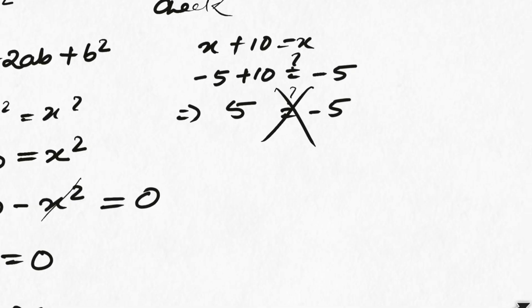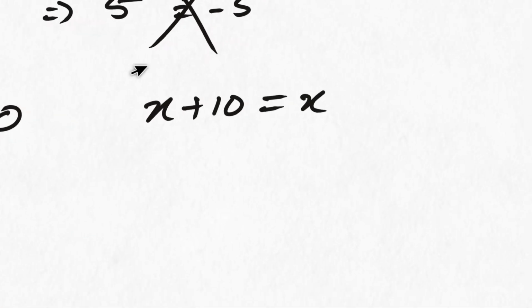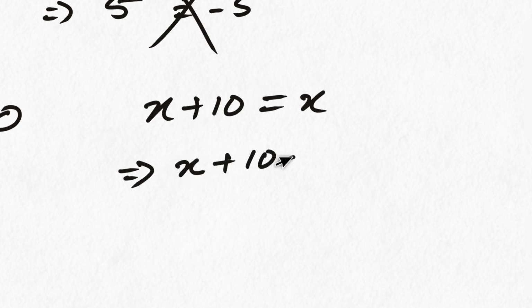Now, let's quickly see a more direct approach that reaches the same conclusion. Start again from the original equation, x plus 10 equals x. Instead of squaring anything, subtract x from both sides. That gives x plus 10 minus x equals 0.